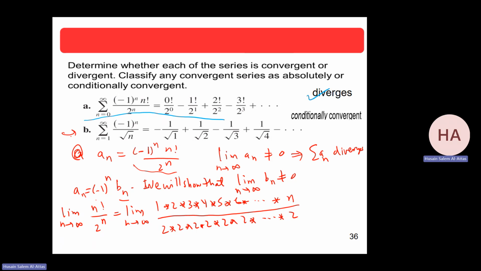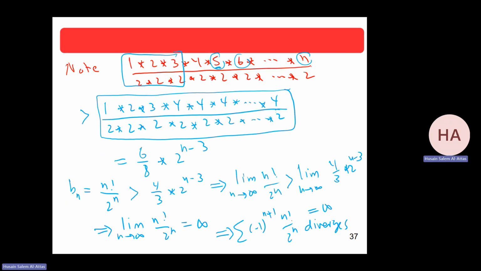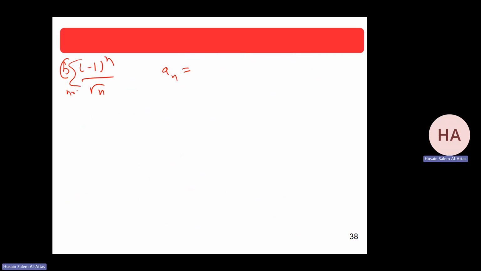This is part B, the summation of minus 1 to the power n over square root of n, starting from n equal to 1 to infinity. An is minus 1 to the power n over square root of n, and Bn, the absolute value of An, is 1 over square root of n.